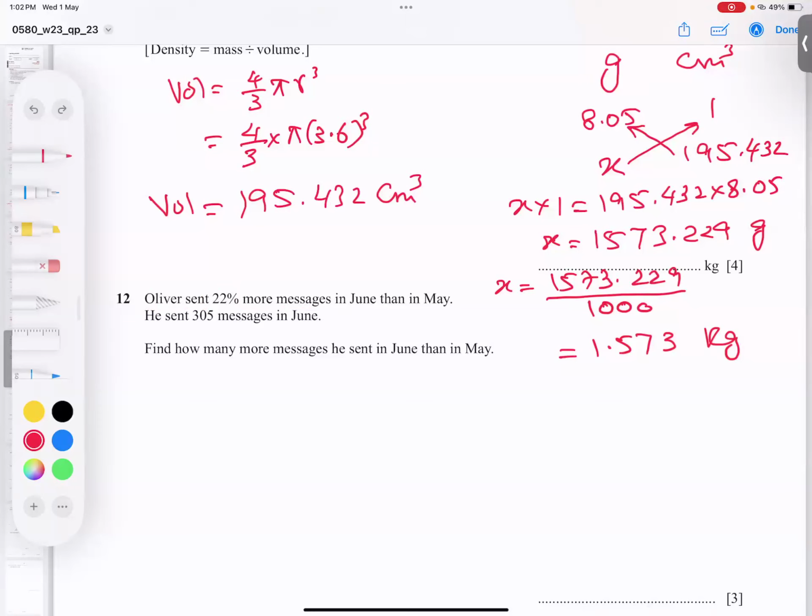So he sent 305 messages in June. All right. So how many more did he send in June as compared to May? So let's try to find it. Because, student, he sent 22% more as compared to May. So what I will take as a, because we're comparing with old, you know, this is called old or previous. Whenever we are comparing with old, or with the previous, or the word original.